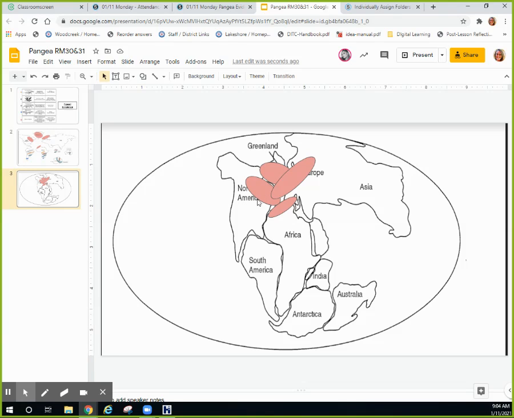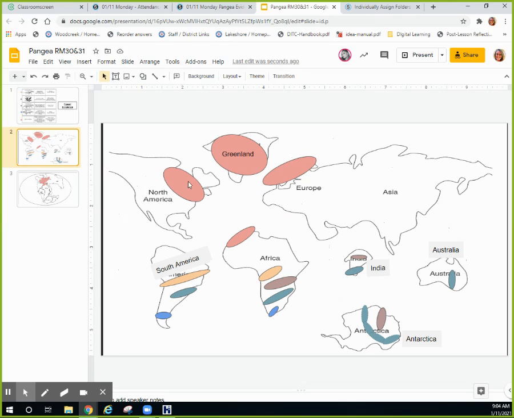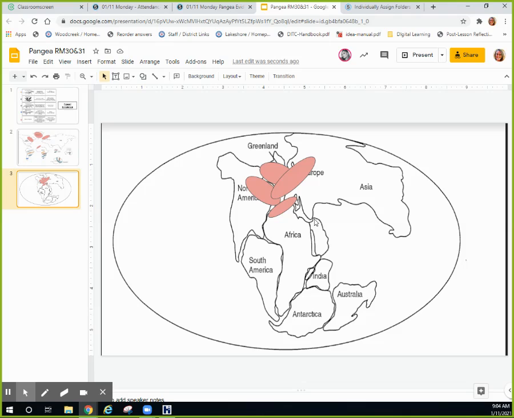So what I did is I just copied and pasted each one of these red dots representing rock evidence, which means they found similar types of rock and rock patterns and rock age in all 4 of these locations. And I pasted them on this map of Pangea so that you can see how they were bunched together when pasted in the same location as on the present day example.